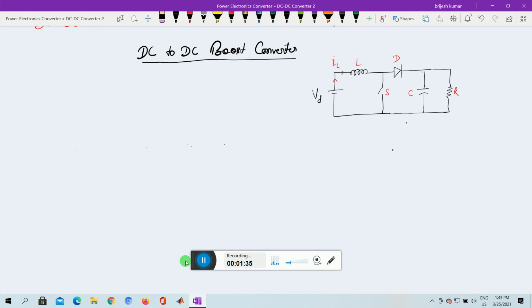If the input voltage is from a battery, the VD value is constant, so we write it in capital letters as an average value, and the current may be a constant line, or maybe a unidirectional current. Therefore we need to write it as I of D.